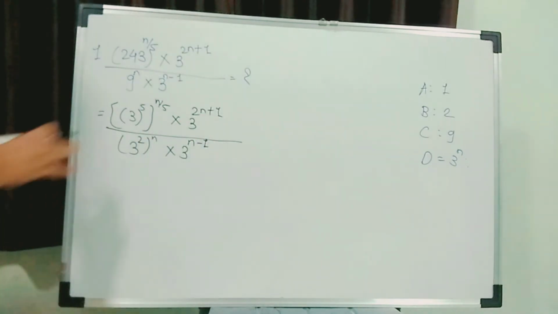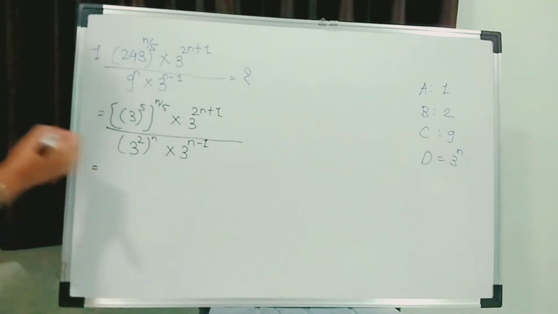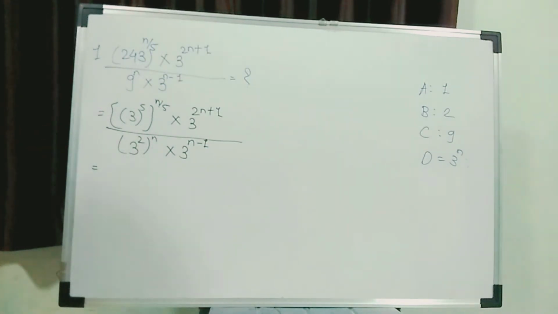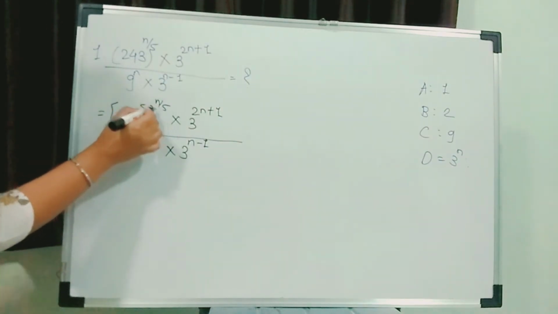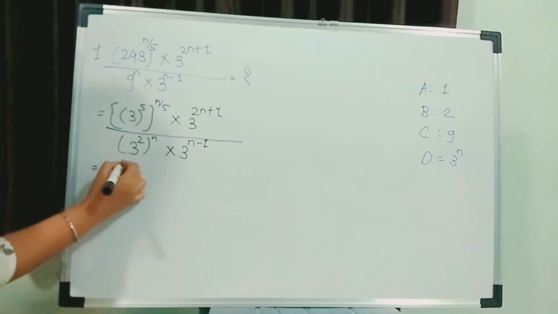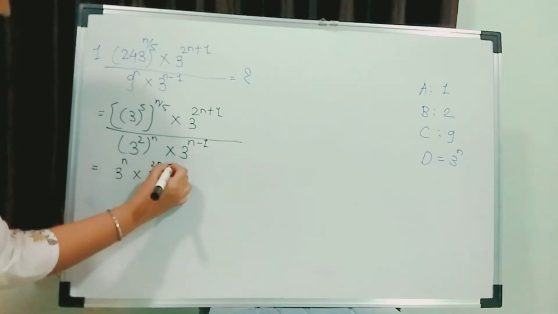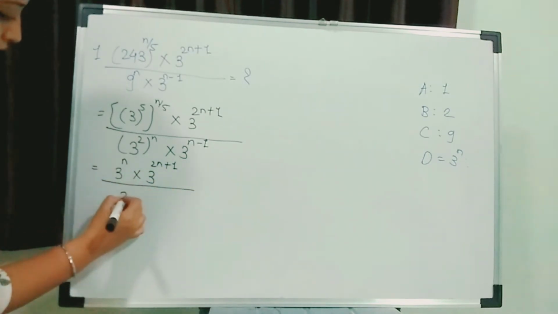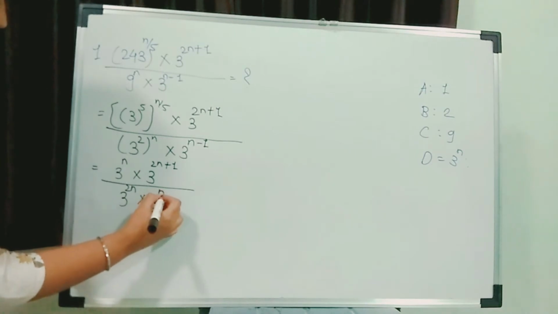Okay. Now the base is same. We can apply the laws of indices. Now here 5 into n upon 5 means 5 cut, 3 raised to n into 3 raised to 2n plus 1 upon 3 raised to 2n into 3 raised to n minus 1.